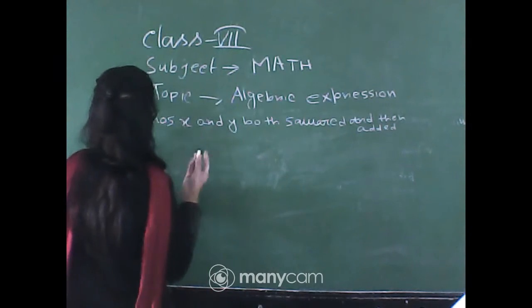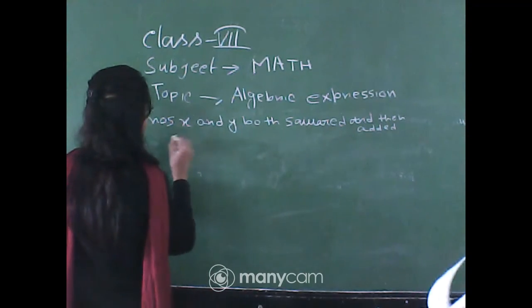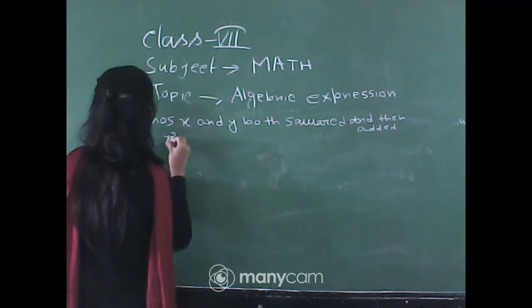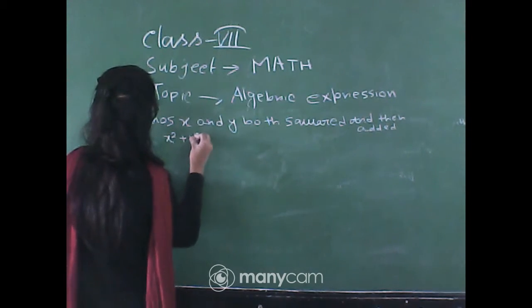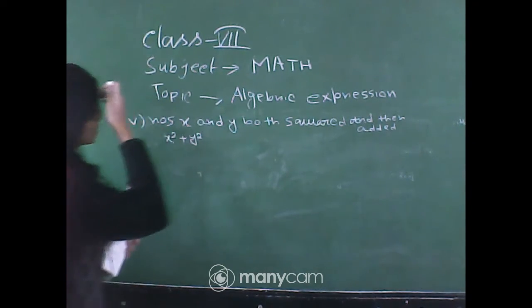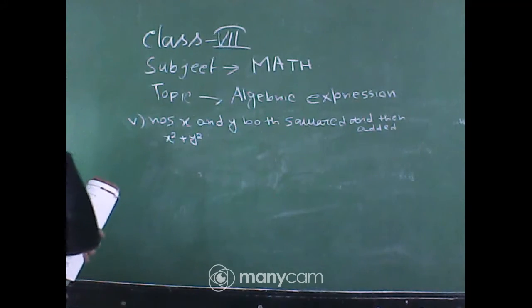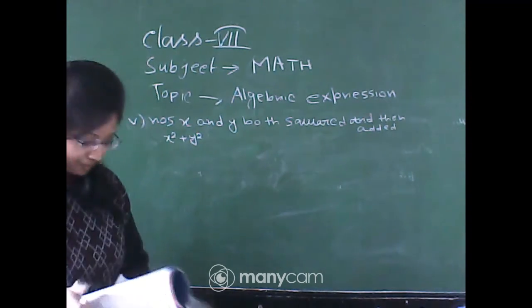Therefore, the required algebraic expression will be x square plus y square. First, we will square the numbers x and y and then we will add. Okay.